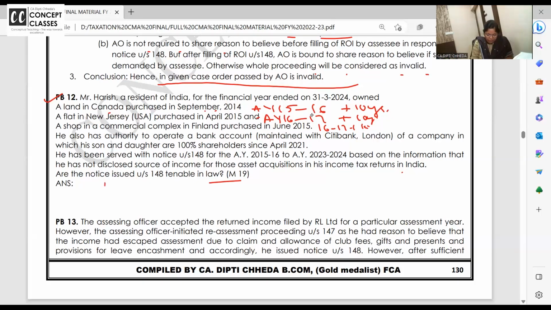Answer if you want, write down. I'm dictating, you all write down please.